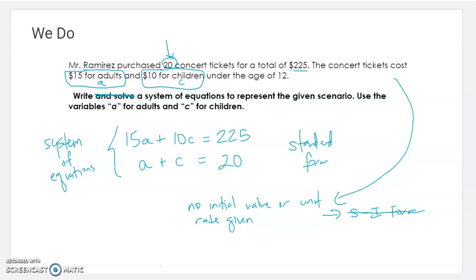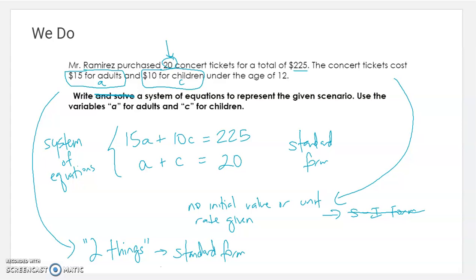Got to kind of cross that out. You cannot write equations in slope-intercept form unless you're given a slope and y-intercept. We were not here. Instead, we were just kind of, I call it like a two things equation. We're just given two things. And when you're just given two things, standard form is easy to do and makes lots of sense.